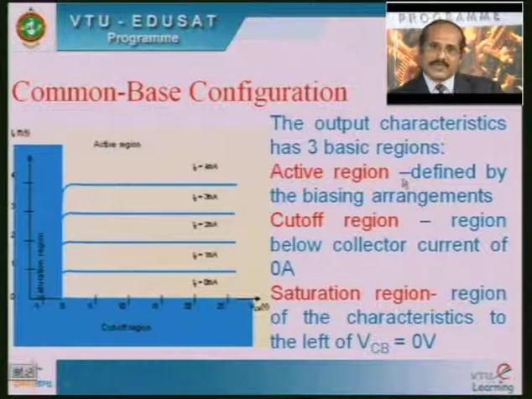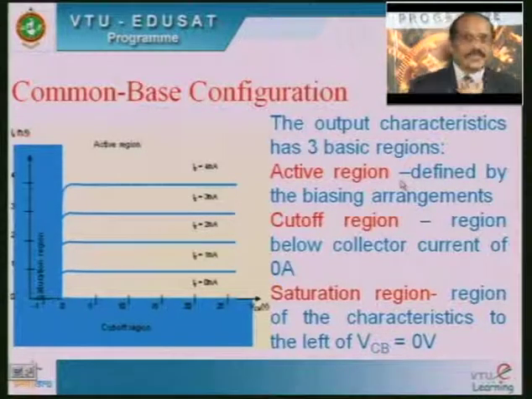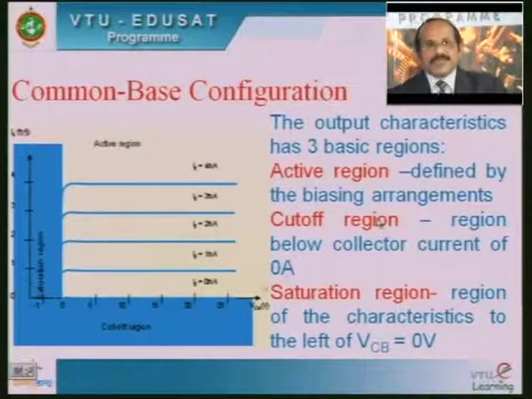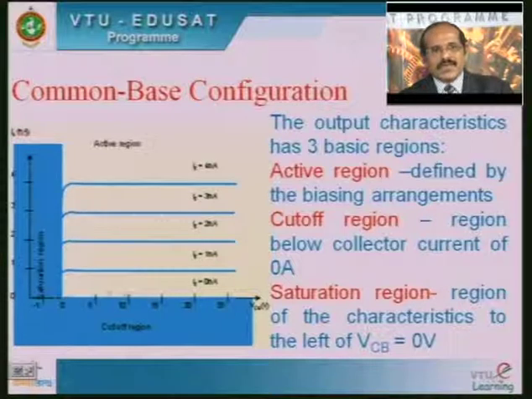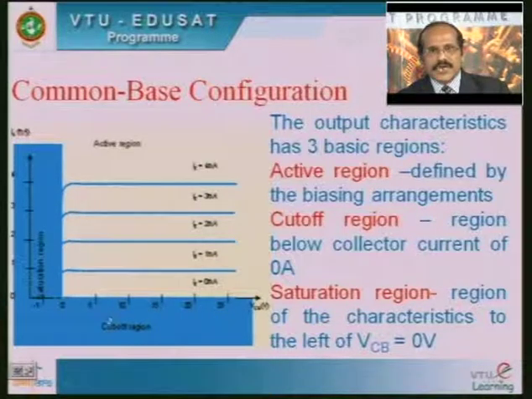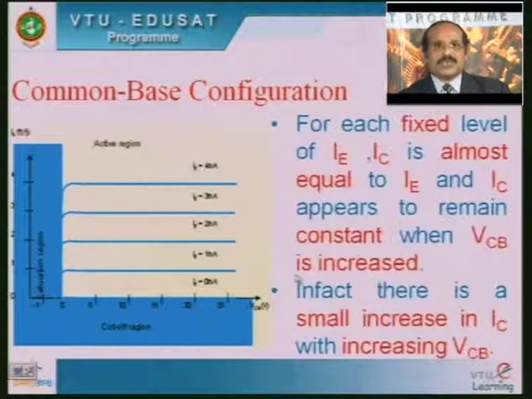In the cutoff region, the blue region below the collector current IC of 0 ampere, is nothing but the cutoff region, and the region to the left of VCB equal to 0 we call the saturation region.